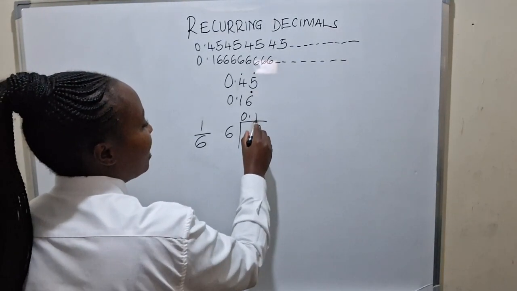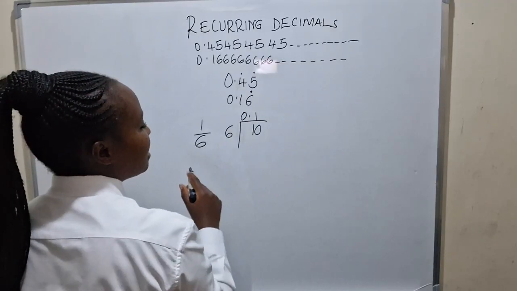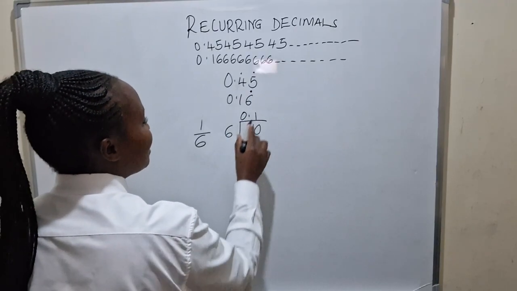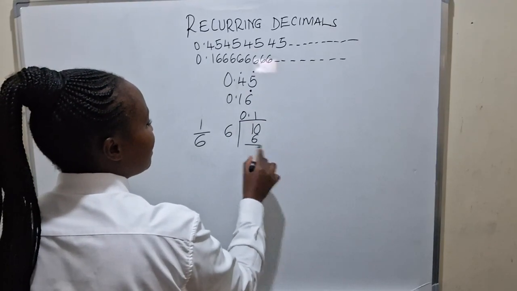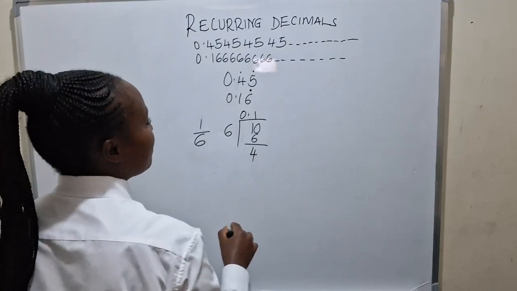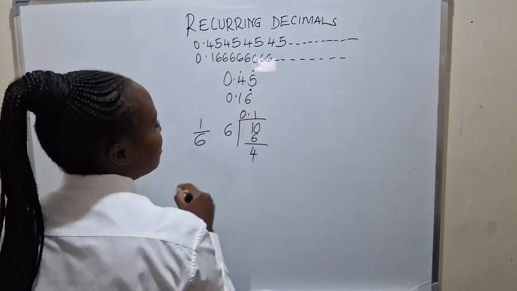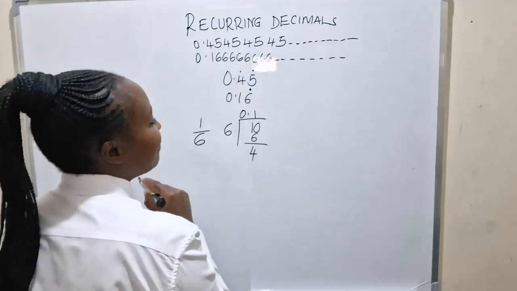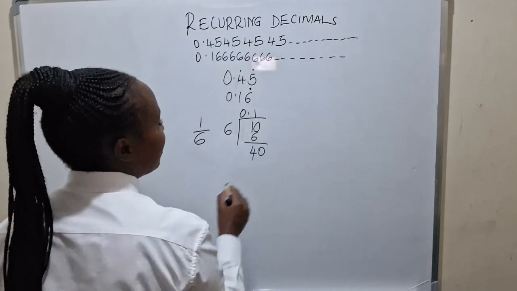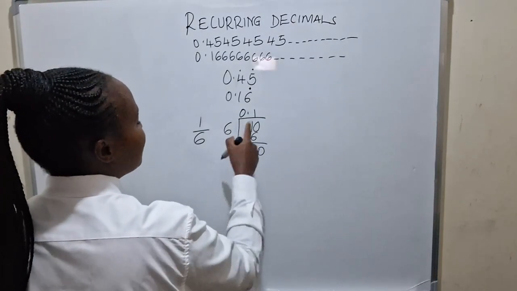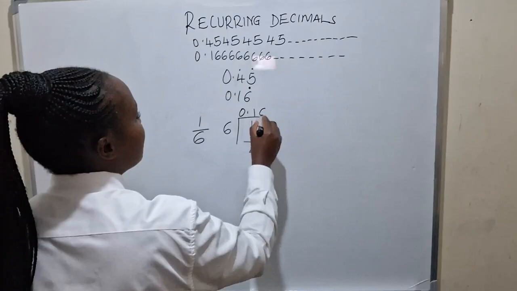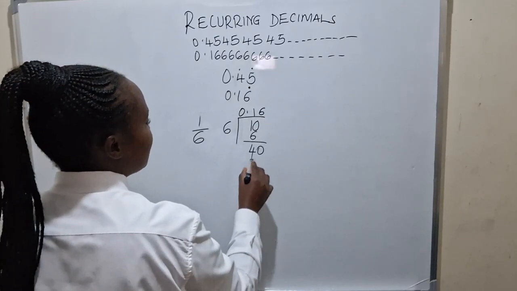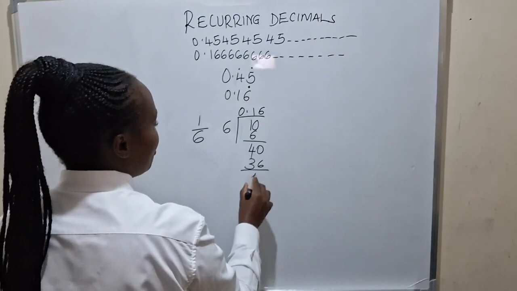That gives you 1. 1 times 6 is 6, right? So you get 4. Okay? So long as you have a decimal place there, you always have the liberty to add 0. So 40 divided by 6 is 6, because 6 times 6 is 36. So you get 4.